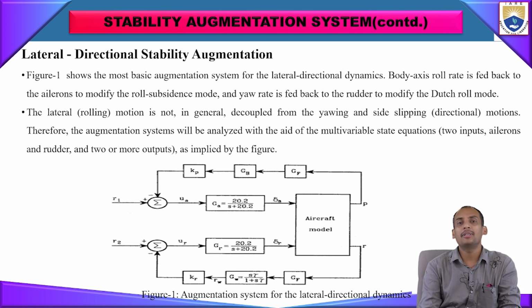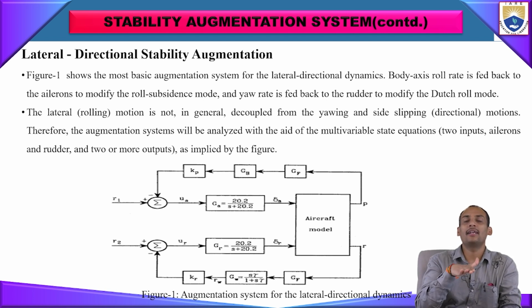Previously we discussed pitch stability augmentation. Now it is yawing and rolling, the lateral and directional augmentation system. If it is lateral, it means turning or rolling. So how will the augmentation system help make it stable?